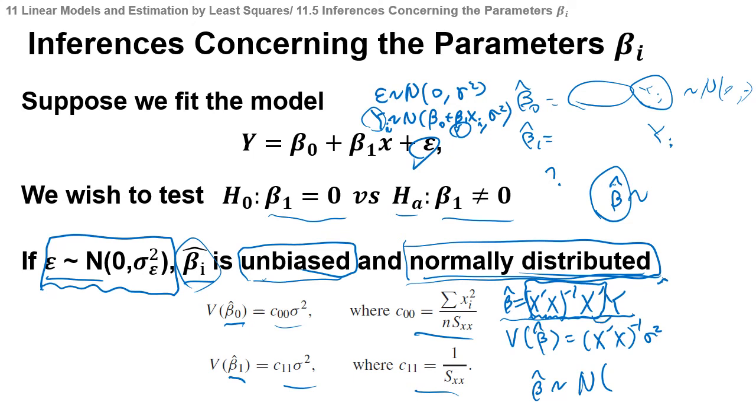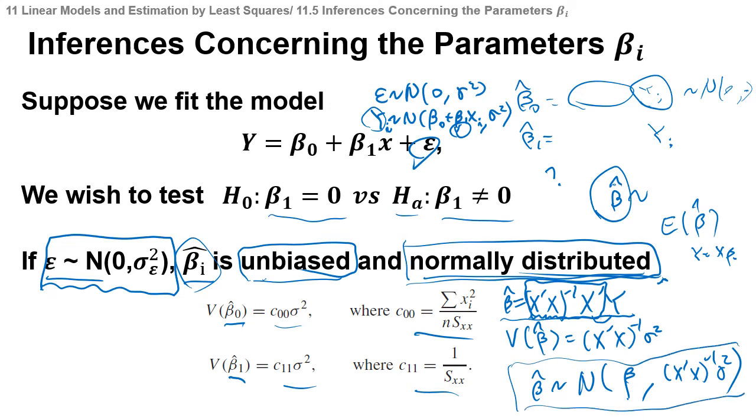So beta hat is again normally distributed with mean beta. If you calculate the expected value of beta hat, since the expected value of y is x beta, the expected value of beta hat becomes beta, and the variance is x transpose x inverse sigma square. This is the distribution of beta hat, and this is the same as this one.